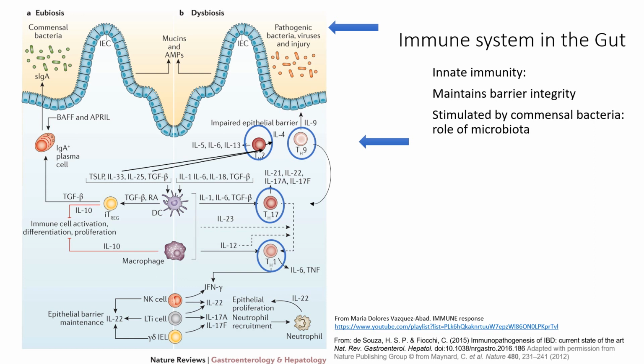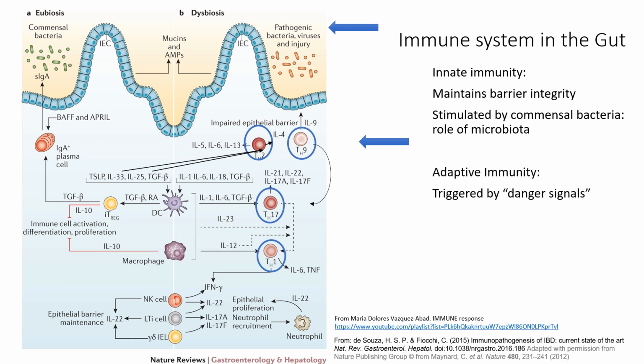So the gut in pathology with the IBD disease especially will actually present an unusual phenotype that has all the important Th adaptive phenotypes Th1, Th2, Th9, and Th17 with a complex system of production of different cytokines.